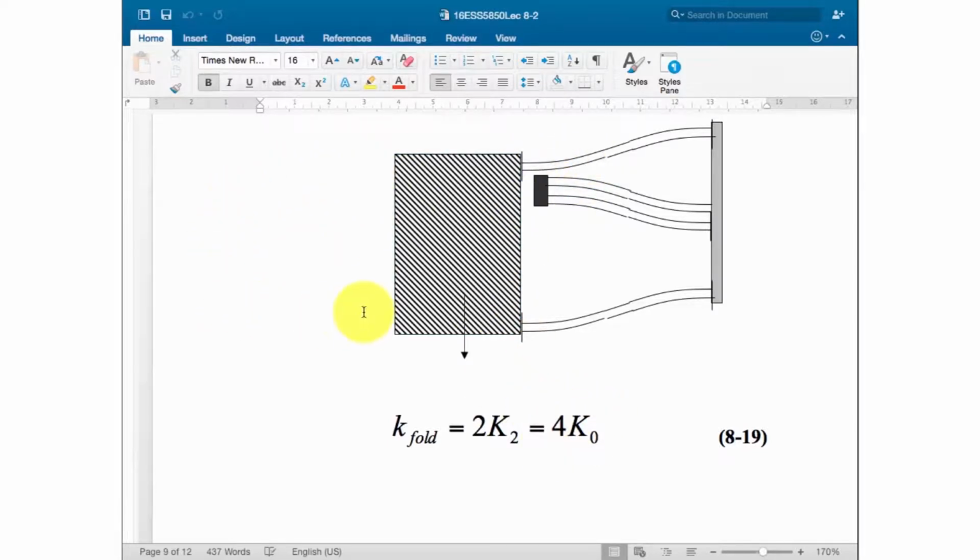You consider the other side too, because the two exactly identical spring systems support the same force, so they share the force.